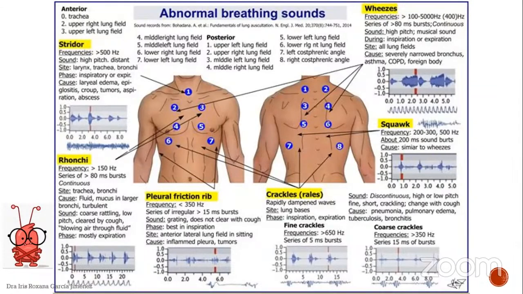You got the stridor, rhonchi, pleural friction rub, crackles, rales, wheezes, squawk. Check all of this, check the most important vocabulary, and it's going to be easier to understand the job we are going to develop in homework, of course.